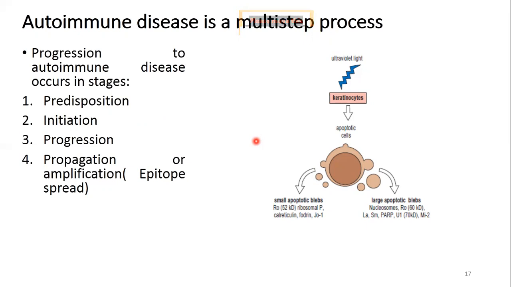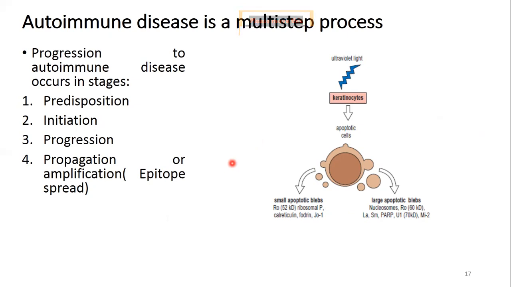There should be progression, in which the inflammatory process is heightened by exposure of more antigens. It's just like an amplification process. The final stage is propagation, or sometimes it's also called amplification.